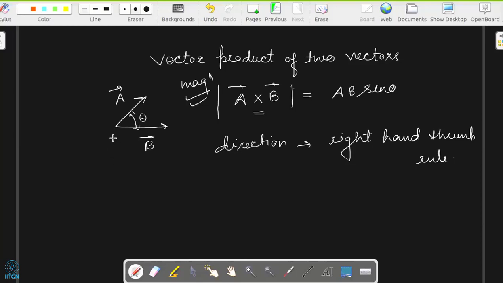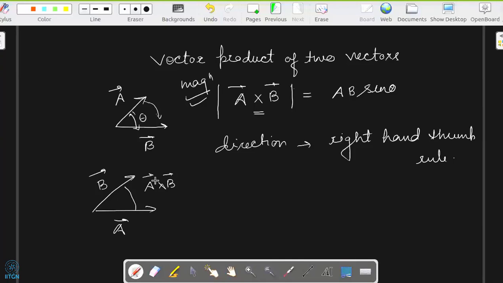Here, if we are doing A cross B, we place vector A and move in the direction of B using our right hand, then you will find that the direction of this vector A cross B is inside the board. If we are having vector A here and this is vector B, then you will have this A cross B outside the board, towards us.